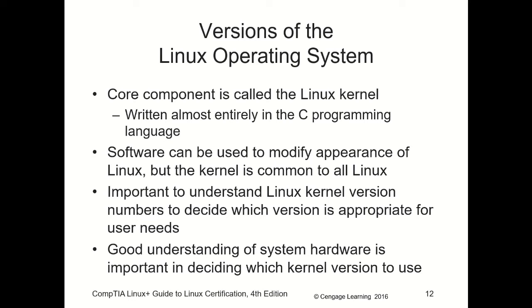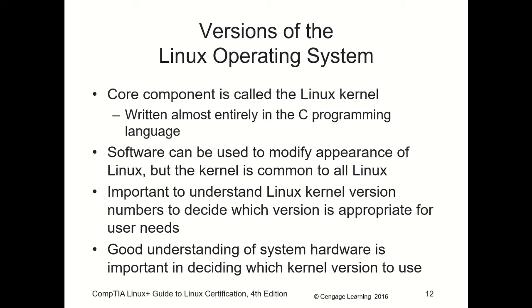So the Linux operating system has these components. First of all, there is a core component which is called the kernel. The Linux kernel is the core of the operating system. It is written in the C programming language, developed in the early 90s.